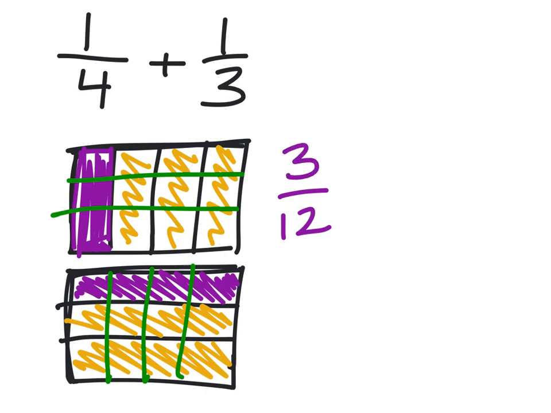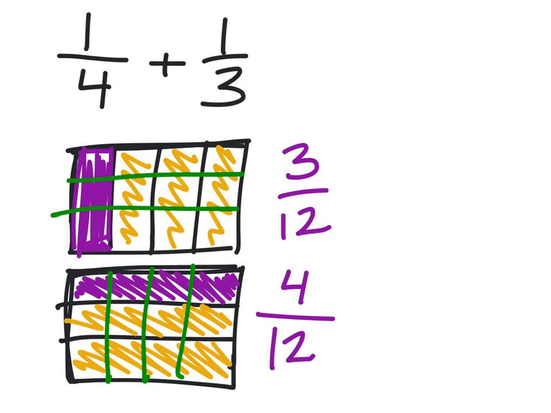We've got 3 pieces out of 12. The pan down there below is also now been cut into 12 parts, even though 8 of them aren't actually there. But we've cut them so that there's 12 pieces that would fit in there, and we've got 4 of the pieces.